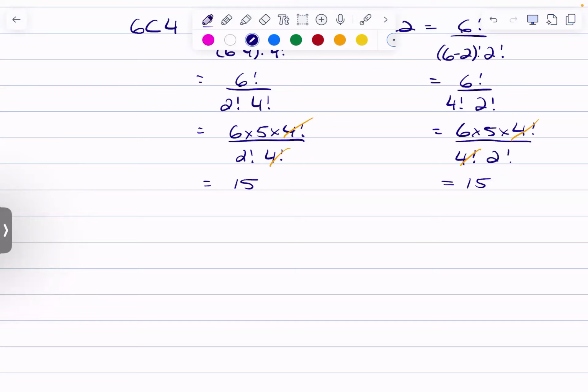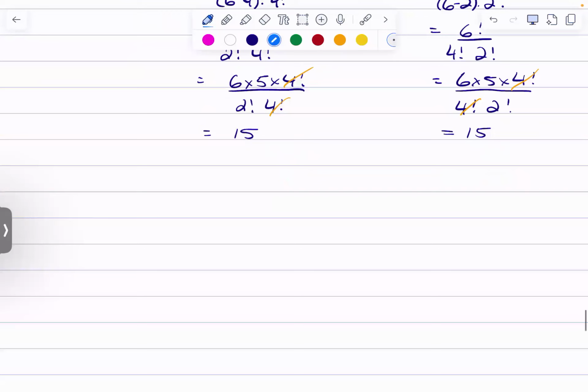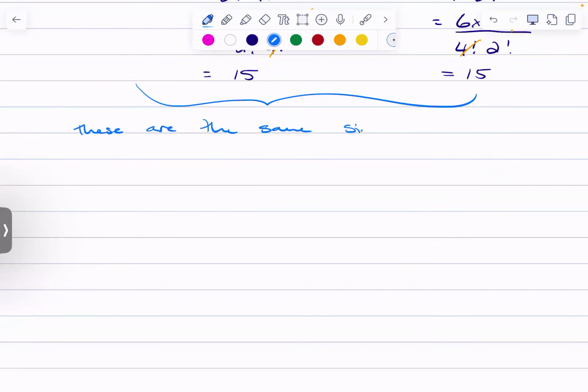These are the same, since if we force 4 heads in 6 tosses, the remainder must be 2. 2 must be tails.